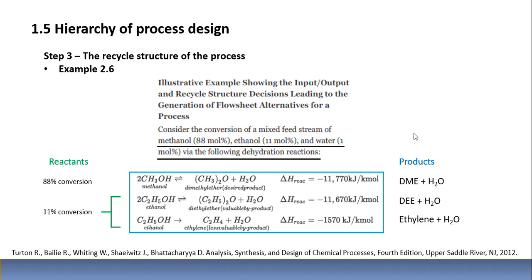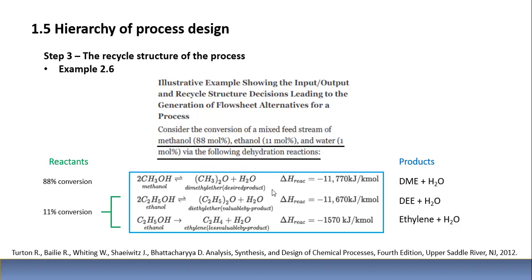So consider the conversion of a mixed feed stream of methanol, ethanol, and water: methanol 88%, ethanol 11%, and water 1%, via the following dehydration reactions. The methanol reaction produces dimethyl ether plus water.